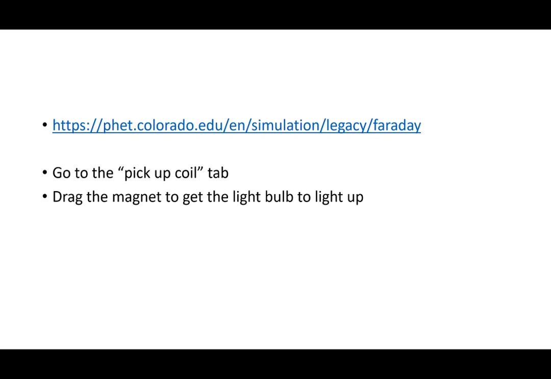It's going to have a coil, right? A light bulb, right? That way you can see if you're making any current, and it has a magnet inside. You can use the mouse to drag the magnet. So try to move the magnet around to get the light bulb to light up. It kind of looks like this.